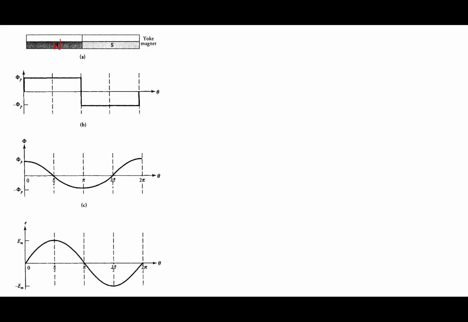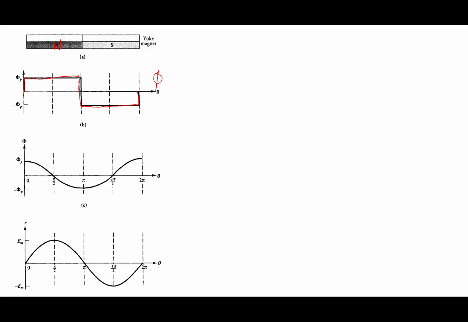And now the flux from the north pole is fixed. We know this is your flux from the north pole, and in the south pole it is negative, right? Okay. So this is your flux. That is the flux from the magnet, right? Now the flux linkage, how will it vary?